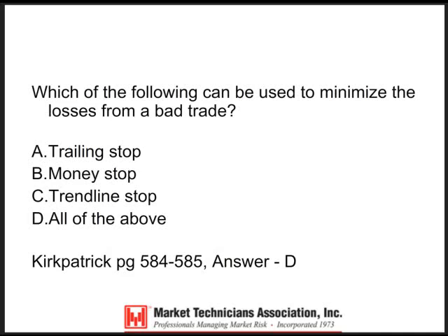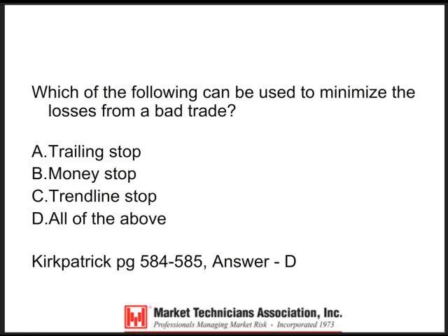Which of the following can be used to minimize losses from a bad trade? You could use any one of them, but the best answer there, again, is all of the above. Trailing stops, money stops, trendline stops, chart stops, are things people put on to help minimize losses from a bad trade.